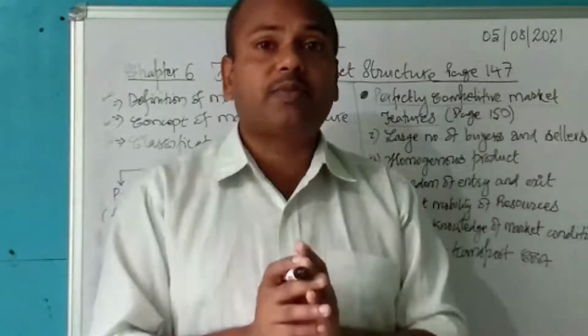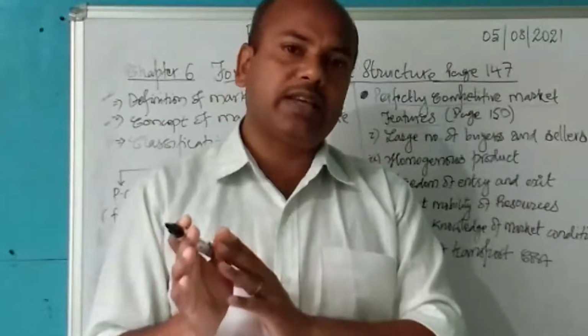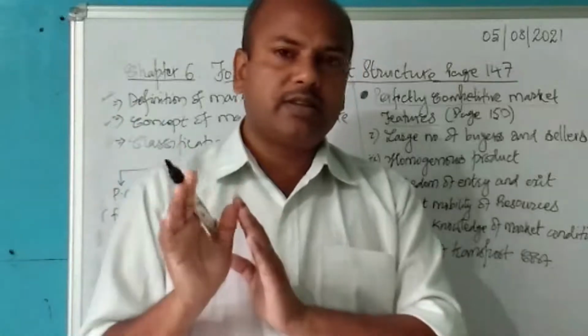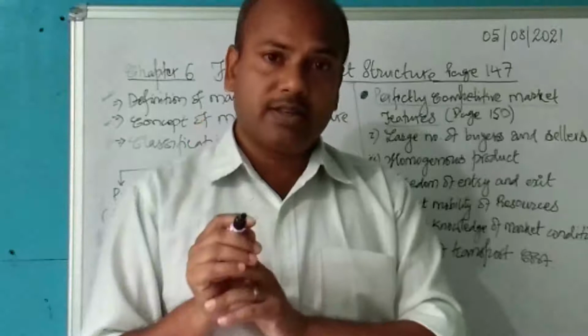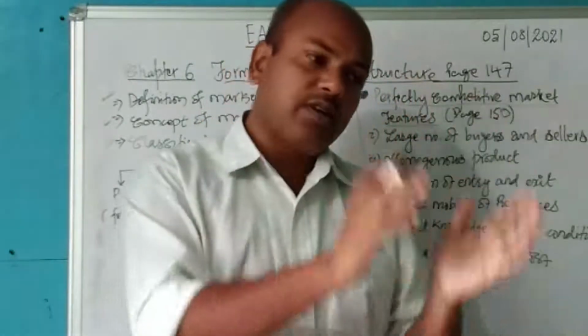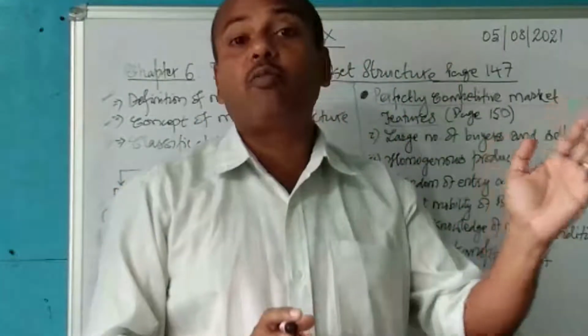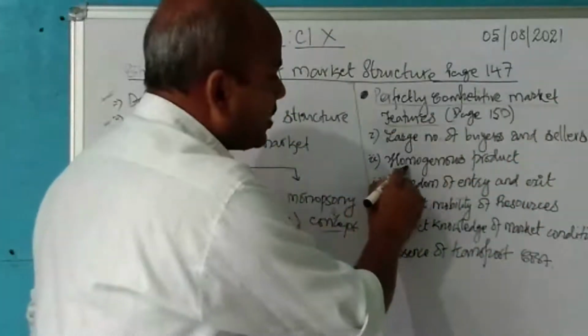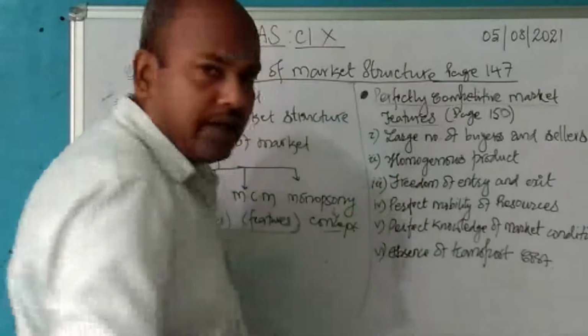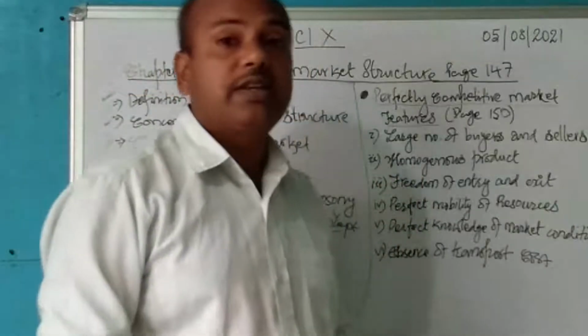They are all bathing soap, they are the same category, but they are different. Each product is slightly different from the other. That is called heterogeneous. But if a product is identical in every respect, that's called homogeneous. Now in a perfectly competitive market, we sell homogeneous product. Okay, so this is the definition of a perfectly competitive market.